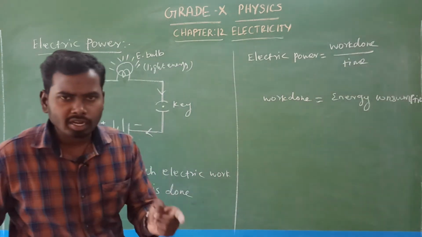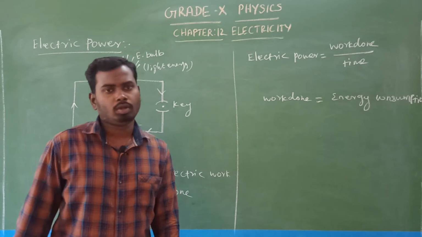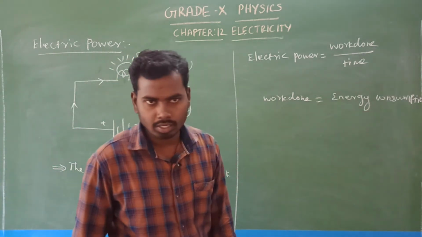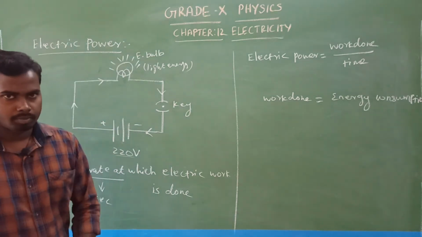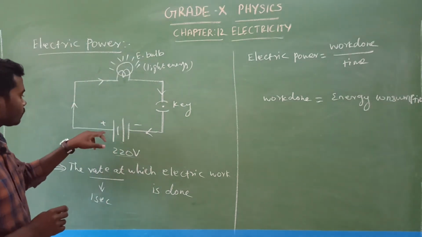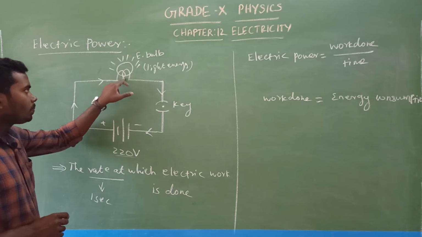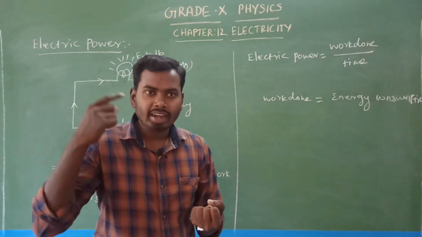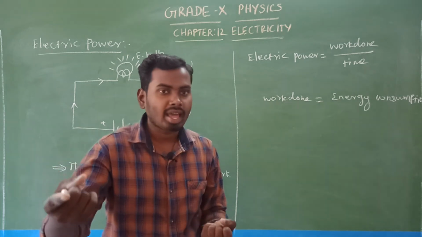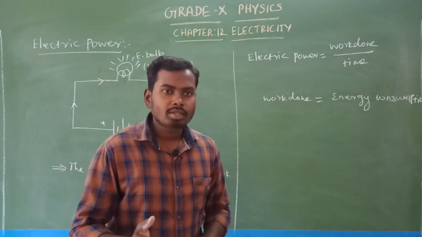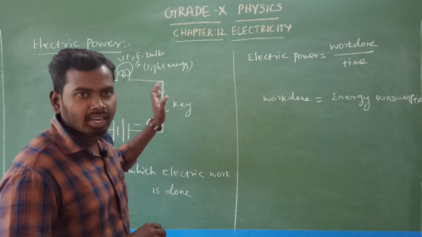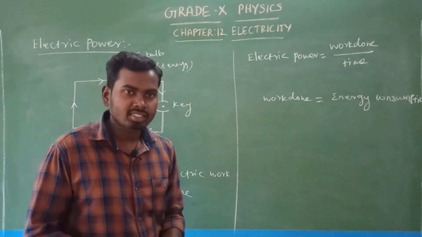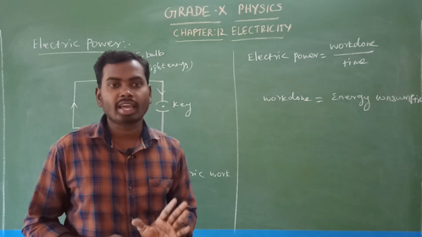Whenever work is done, an equal amount of energy is consumed. Is it clear? Yes. Here the bulb consumes the electrical energy and converts it into light energy. So per second, how much electrical energy gets converted into light energy or another form of energy, that is also called power in terms of energy.